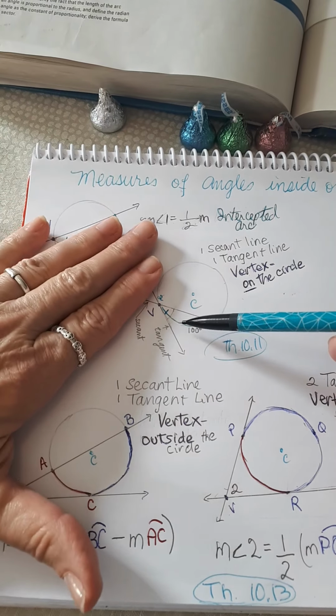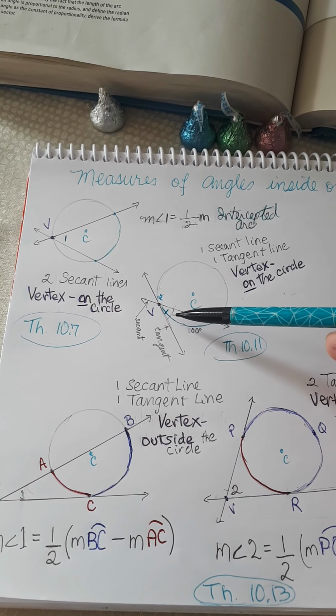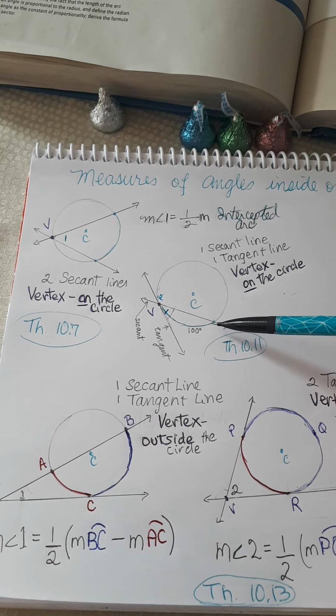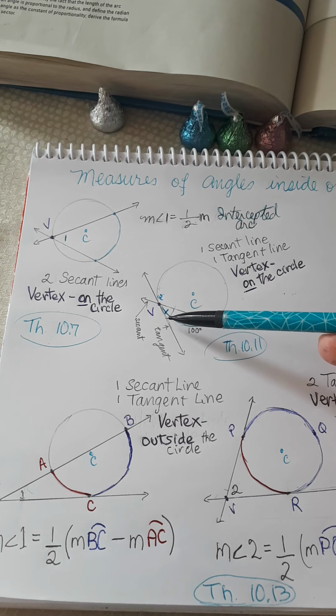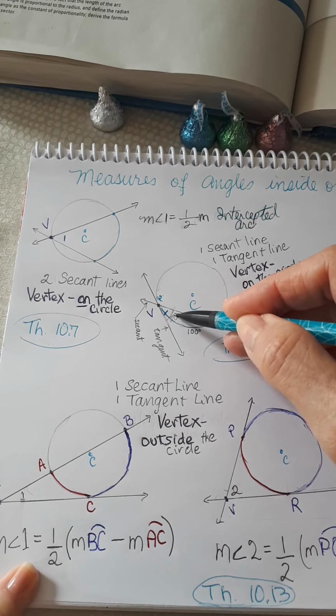On this side, angle 1 will measure 1/2 of the intercepted arc, which measures 100 degrees. So angle 1 here will measure 50 degrees.